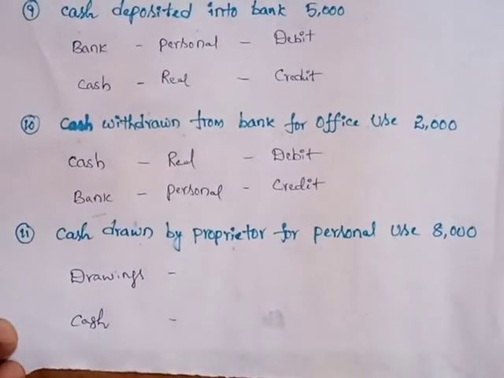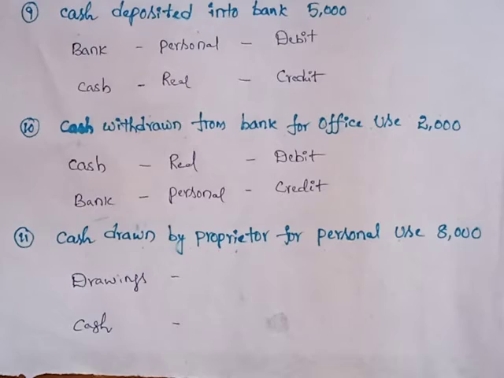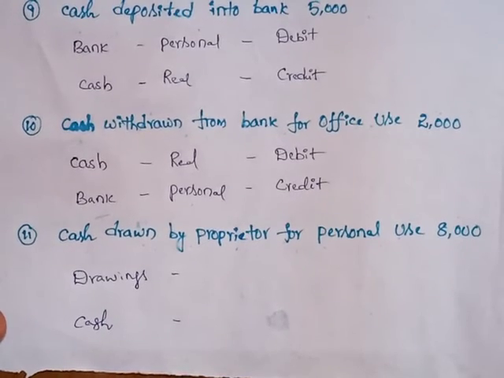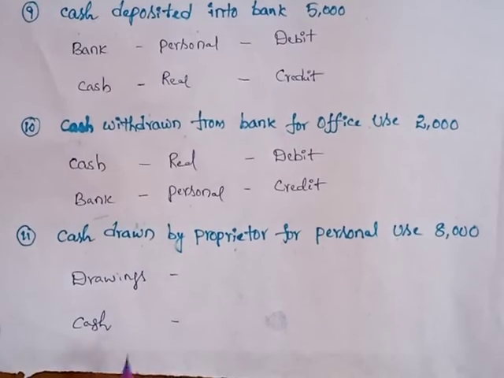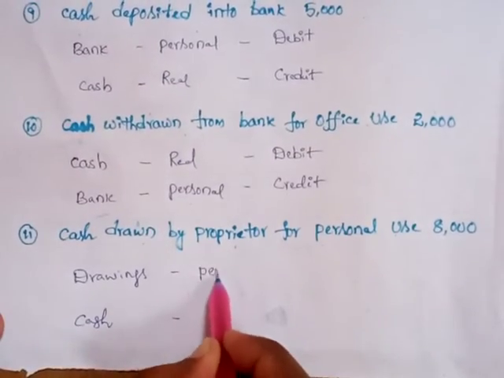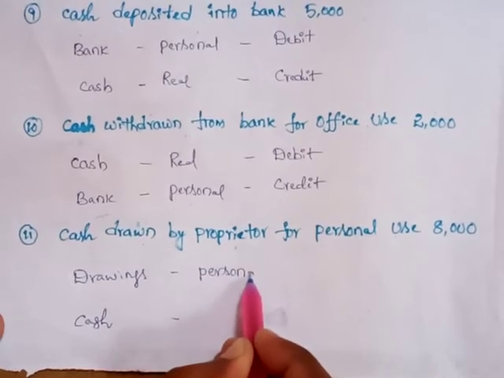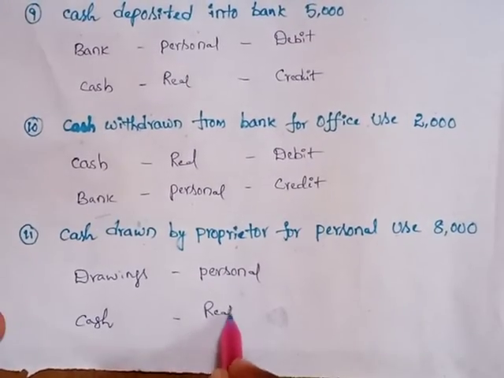So drawings means the amount withdrawn by the proprietor for his personal use, those are called drawings. So that's why drawings is a personal account. And cash is an asset, that's why it's a real account.